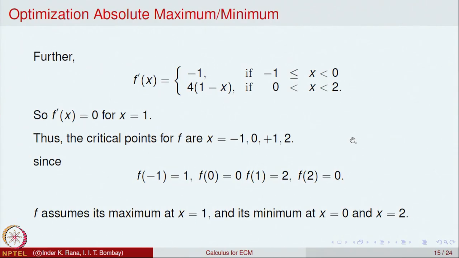And then we go through the process, as we do for local maxima and minima: we look at the points, which could be end points, interior points where the function is not differentiable, or interior points where the function is differentiable and the derivative is equal to 0.